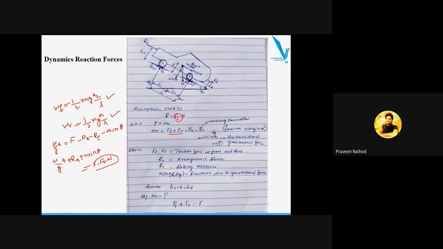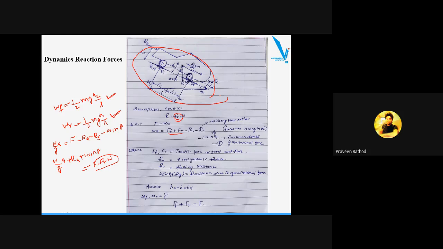Very simple, they will come in four or five lines. This is a bit difficult, that's why I have shown you how to write the equation of motion whenever the vehicle is moving uphill.